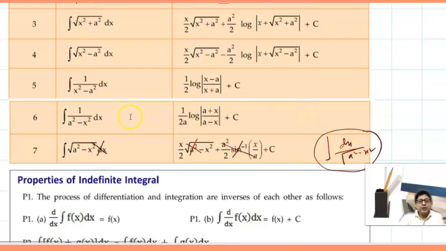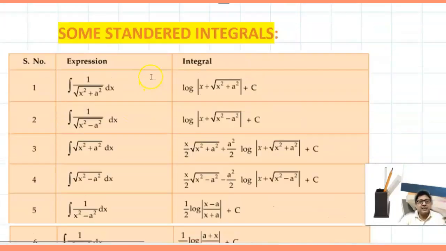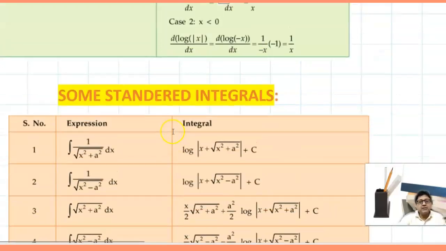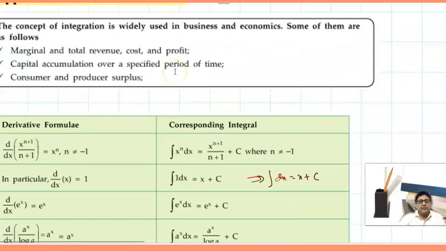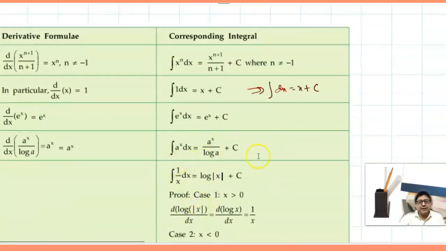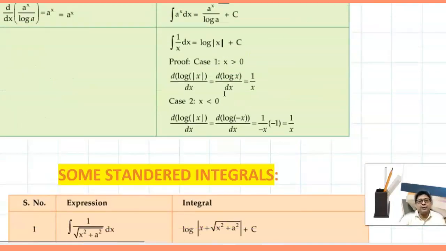So we are going to use mainly these 6 standard integrals and this basic formula for integration: integration of x to the power n, e to the power x, a to the power x, and x to the power n in 2 cases, when n equals 0, that is only dx, and for n equal to -1.